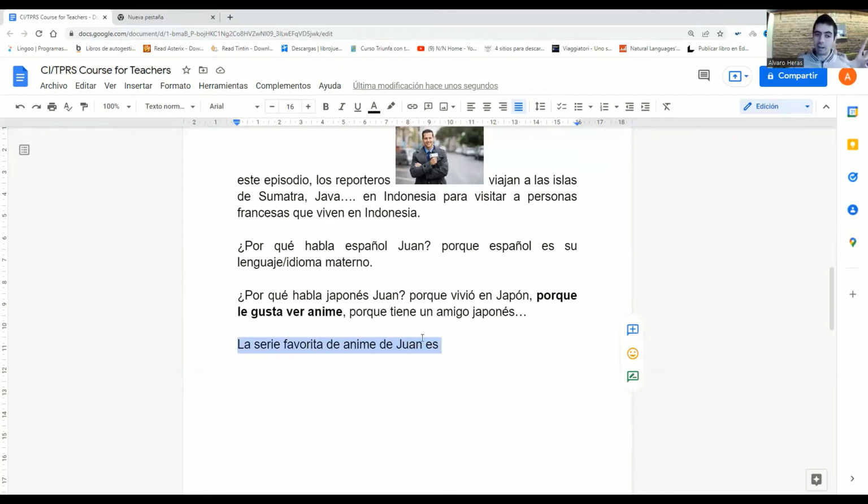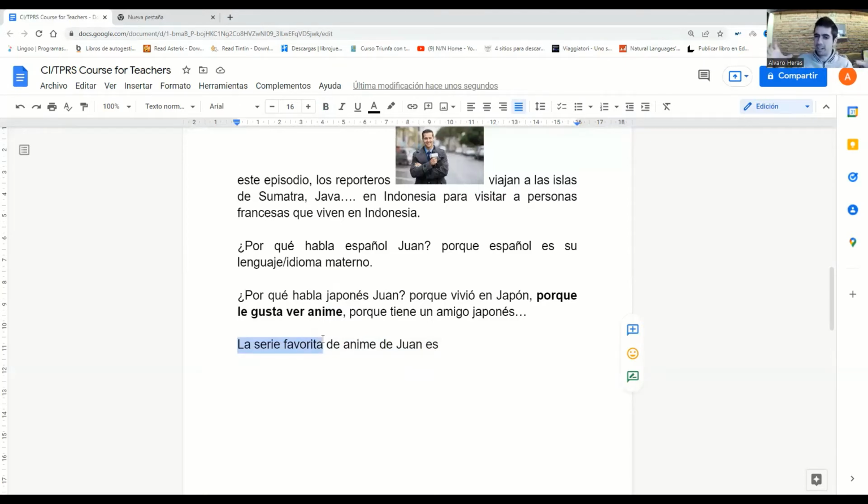This really depends on the language, but "la serie favorita". So first of all, the context of the story helps you understand that we're talking about watching anime, of course, right?